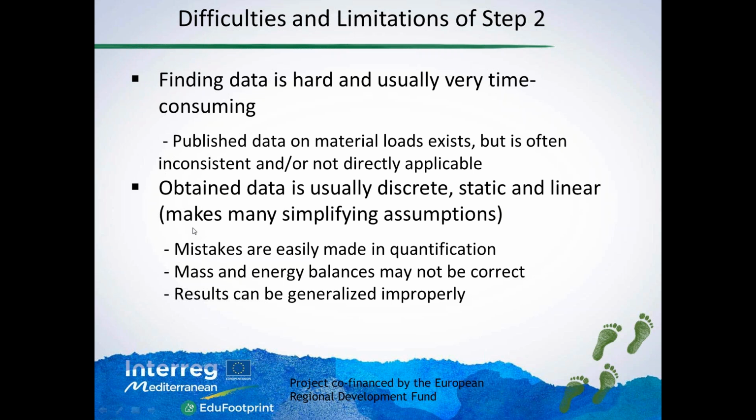They have to make many simplified assumptions, and these assumptions usually provide mistakes in quantification. And then mass and energy balances may not be correct with a lot of assumptions, and then results can be generalized improperly.